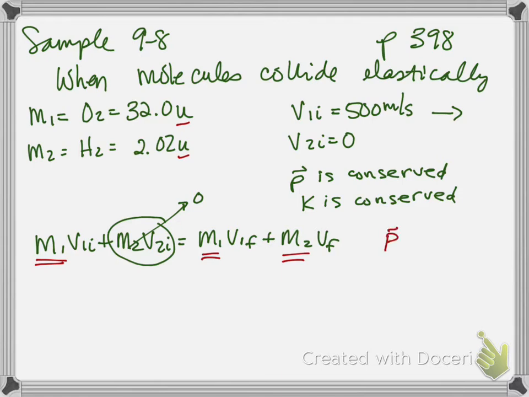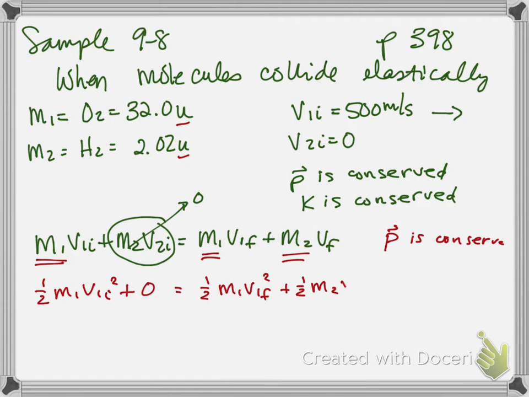So this is our momentum is conserved statement, right? What about our kinetic energy is conserved statement? 1/2 M1 V1I squared plus, I'm just going to write 0 because V2I is 0, equals 1/2 M1 V1F squared plus 1/2 M2 V2F squared.